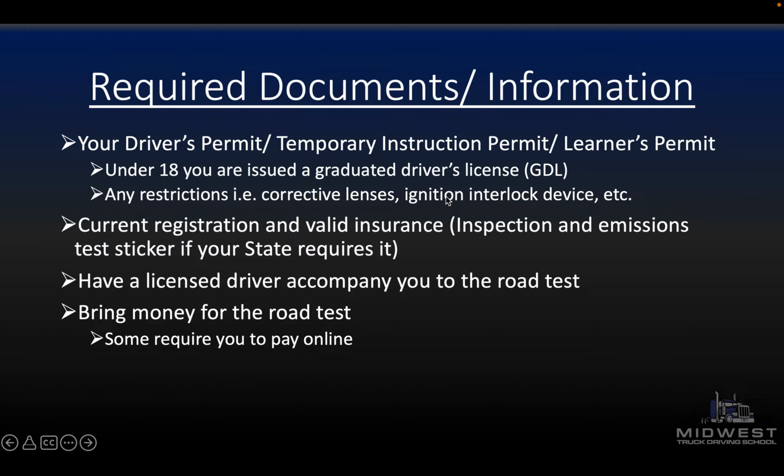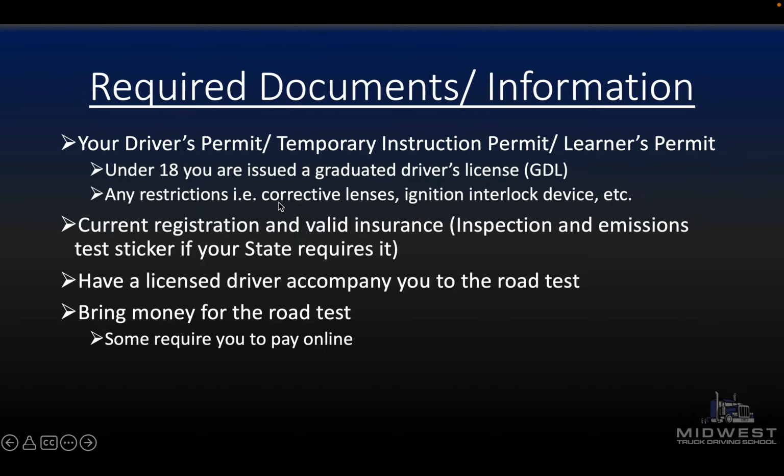So under 18, it's essentially your learner's permit. But what it is, you need to have it for at least 6 months in a lot of states. You got to have at least 50 hours of driving, 10 of which being at night, before you take your skills test. There's also no accidents or tickets in the first year, 6 months of driving. So there's a lot of different regulations with that. We'll talk about that later on.